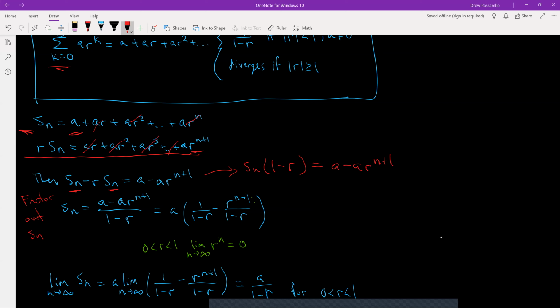Then divide both sides by 1 minus r. So then you get S_n equal to a minus ar to the n plus 1, divided by 1 minus r.